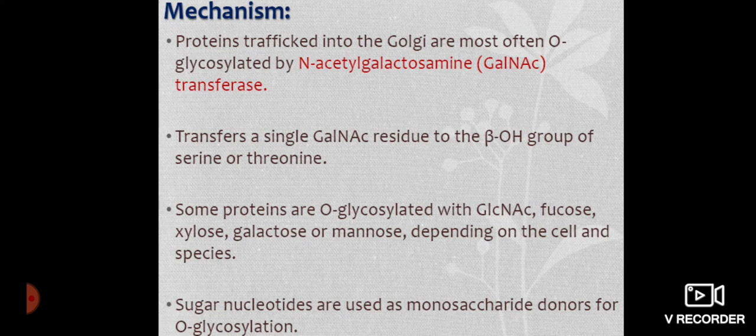Some proteins are glycosylated with N-acetyl glucosamine, or sometimes even fucose, galactose, mannose, xylose. The sugar nucleotides which are used here are generally the monosaccharide donors which are going to be added here.